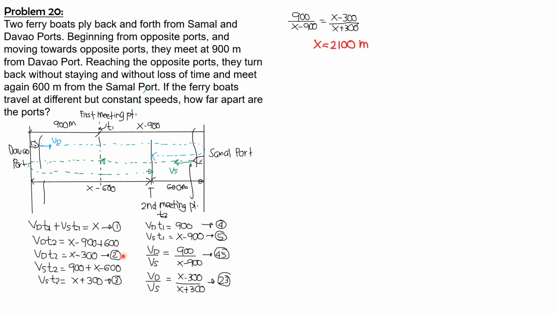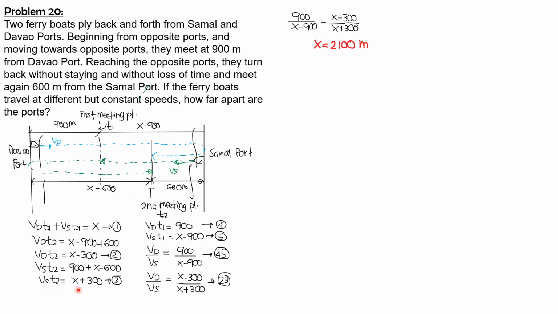Call that equation 2. While from this point, this is the distance traveled by the ferry boat from Samal up to here. So this is 900, then plus x minus 600, and that is v sub s times t2. So v sub s times t2 equals 900 plus x minus 600.